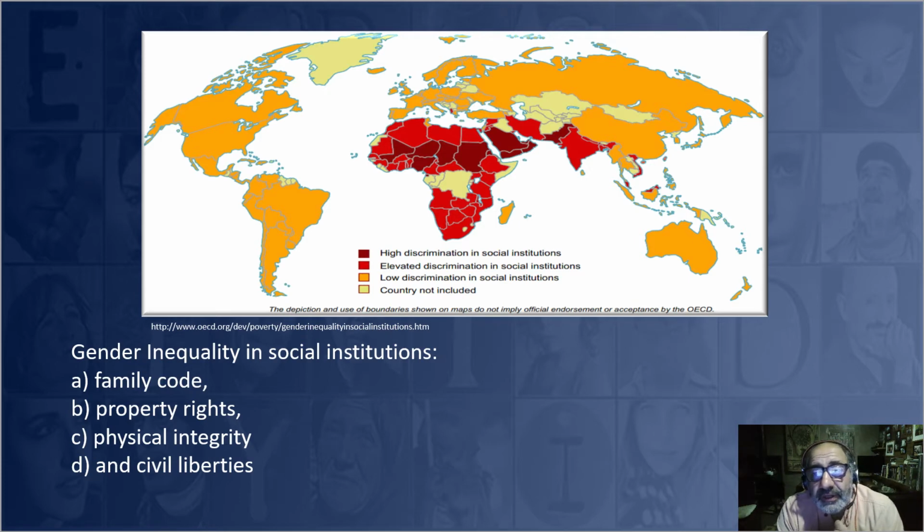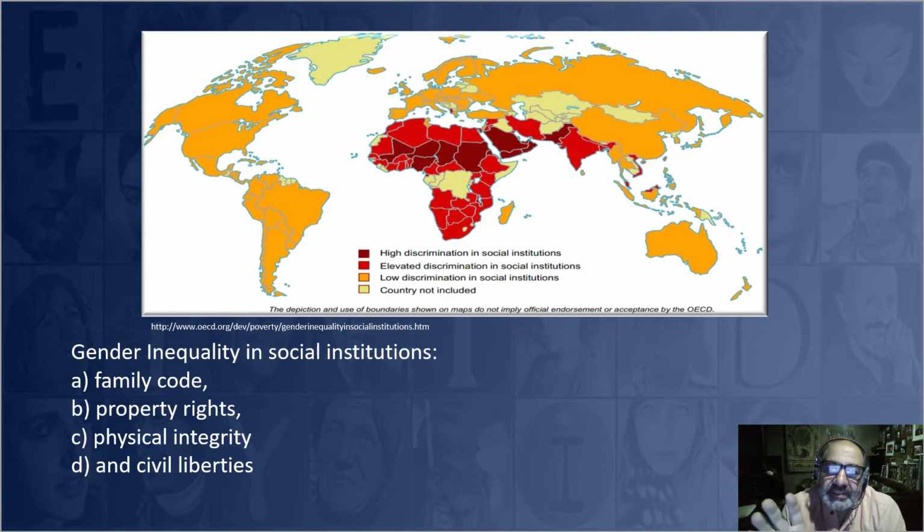Property rights: often in many countries, it's the husband's name that's on the title to the house, not the wife's. So, who owns properties, legal ownership of properties, physical integrity, how safe it is in those countries for women, and civil liberties or freedom of speech and expression, etc.